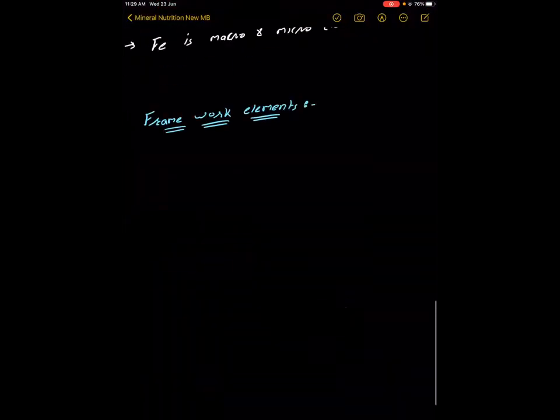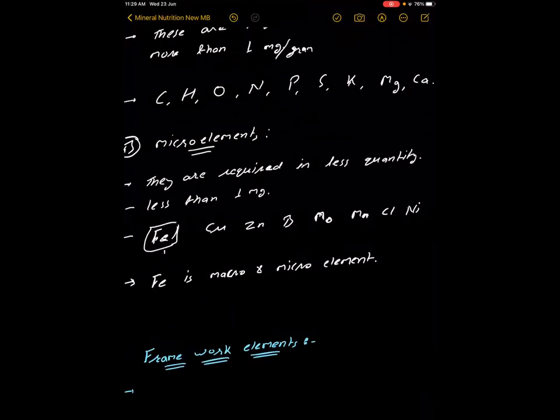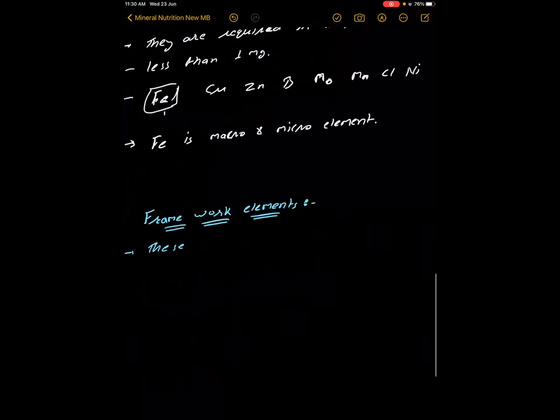Okay. Framework elements. These elements form the frame of the cell wall.